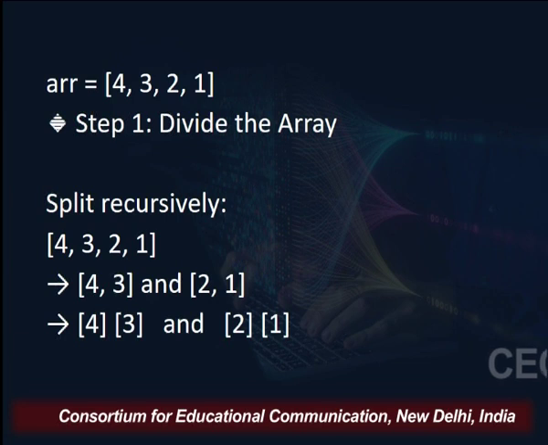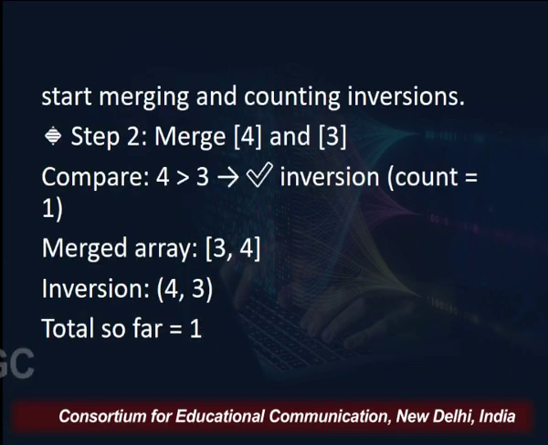Now, in order to merge these 4 different arrays of 4, 3, 2 and 1, these are the elements available inside the arrays. So, we will start the merging, and simultaneously we will start counting the inversions.